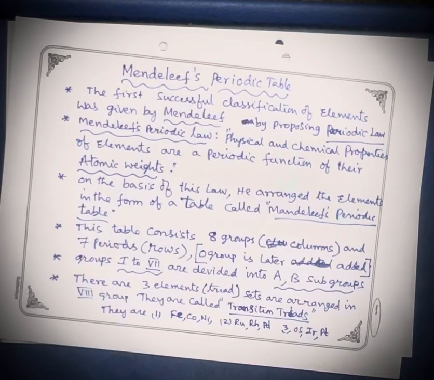On the basis of this law, the elements discovered at that time were arranged in the increasing order of their atomic weights. Suppose three baskets of apples came. How does the farmer classify the apples?